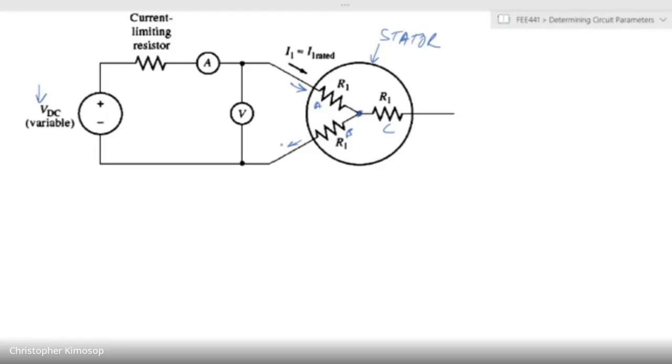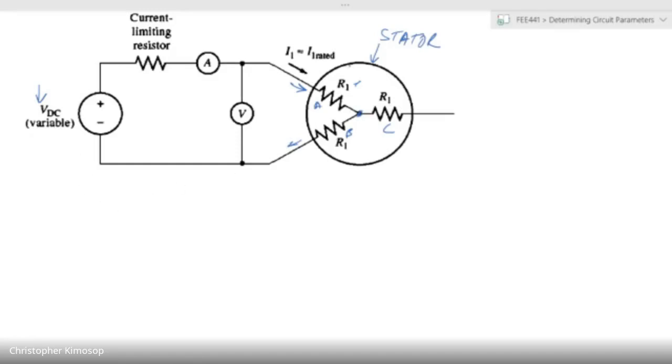Applying a DC voltage to an induction motor is not the usual method of operating the motor. So we have to be careful with the amount of current that we allow to flow through the windings so that they do not get burnt. That's why we use a variable voltage supply, so that you can take it up to a point where you are not overheating the motor due to too much current flowing.